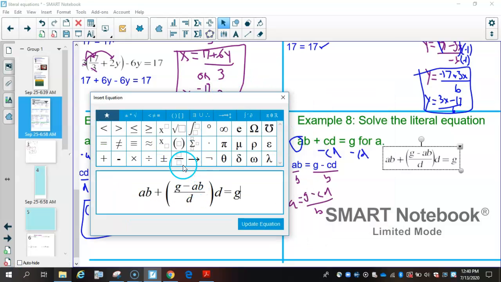Okay, so here, this needs to be A is what we solve for. Let's do this.